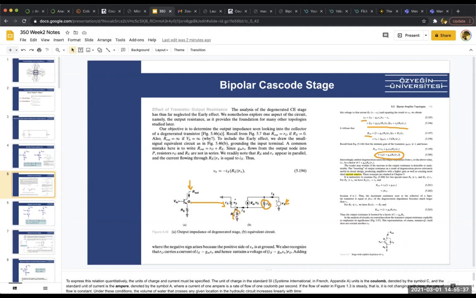There is a gm function here, transconductance, but the big impedance is basically due to the RO, because RO is 1K or sometimes 2K, depending on the VA value of the transistor.